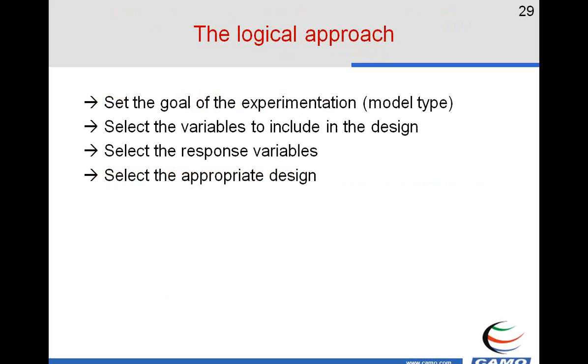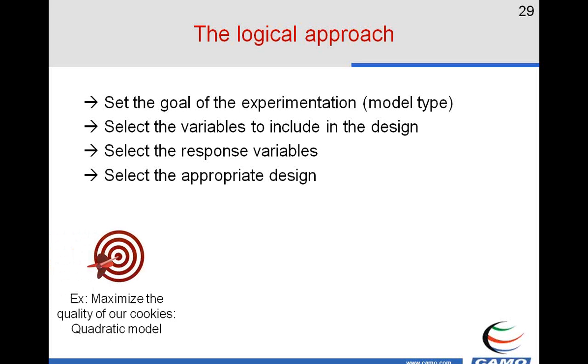So the logical approach to DOE is first to set the goal of the experimentation, so you decide on your model type. Then you select the variables to include in the design, which will give you the design space, and then you select the responses. And from that will come the appropriate design. So here we have an example.